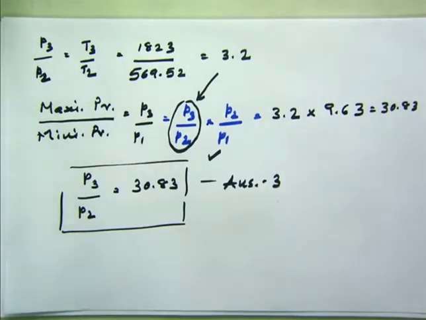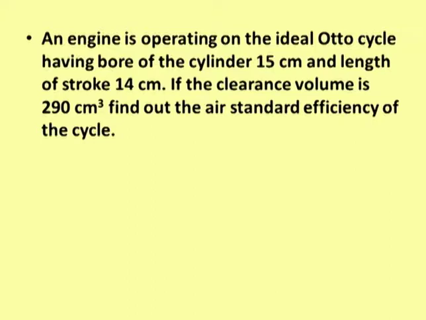Let us have one more exercise based on the same Otto cycle. An engine is operating on the ideal Otto cycle having a bore of the cylinder 15 cm and length of the stroke 14 cm.